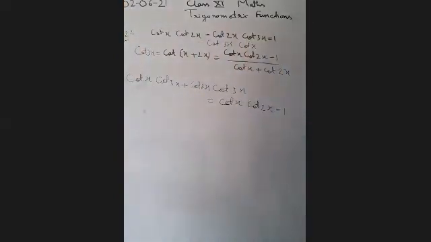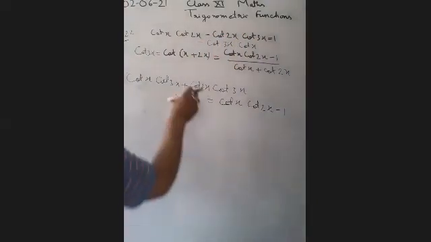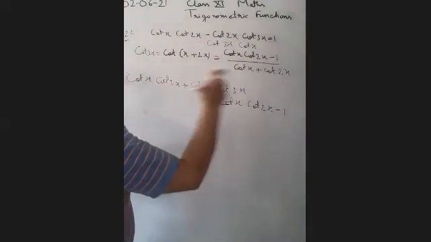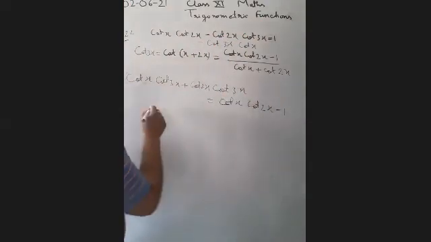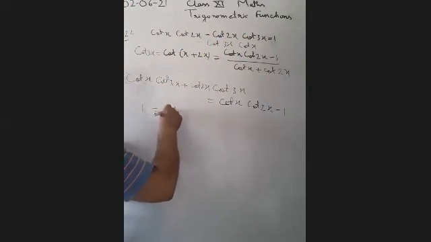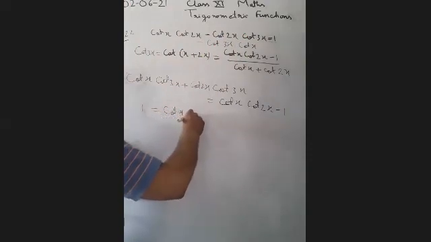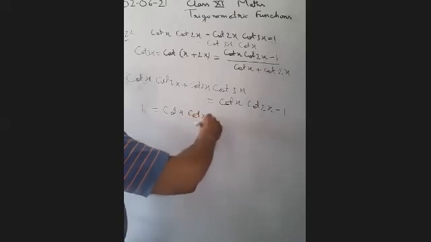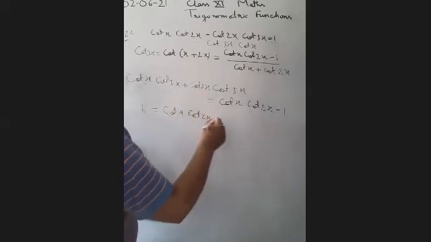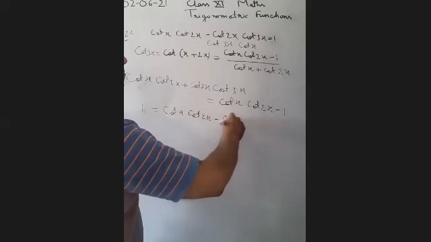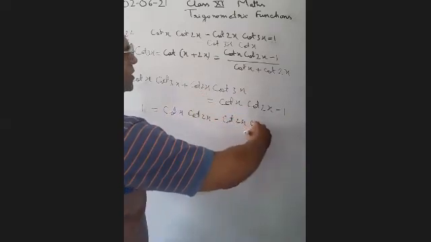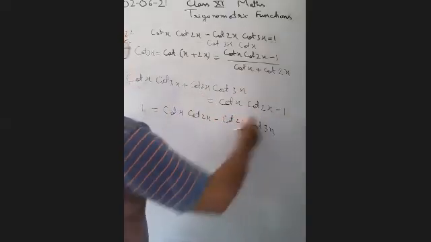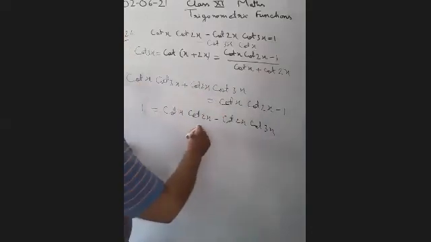I think one term was left out; there must be three terms. So we shift these two terms to the right hand side and minus 1 to the left hand side. Then 1 equals cot x cot 2x minus cot 2x cot 3x minus cot x cot 3x.